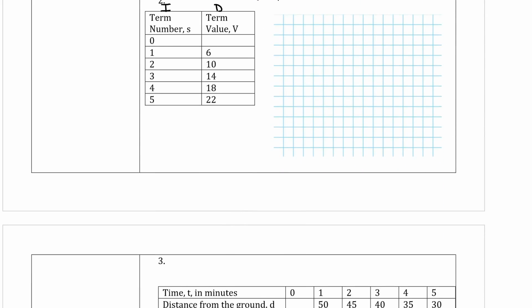First things first, let's describe the relationship in words. I'm noticing that I am adding 4 every single time I add 1 in the independent.